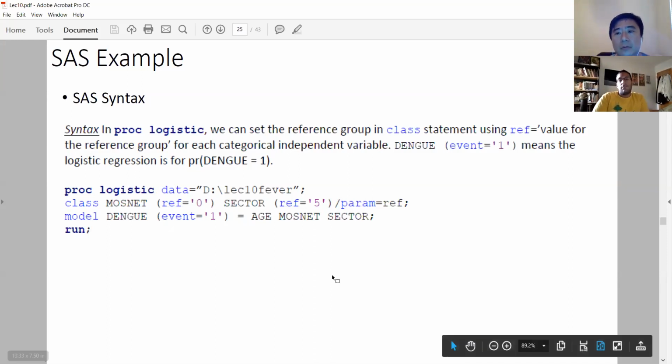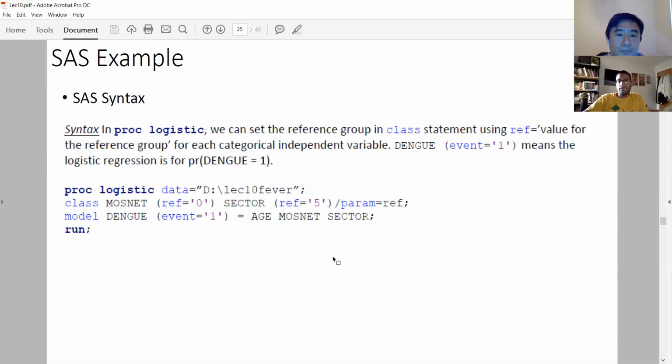I have a question regarding that. In the class statement, I specified sex, with my reference as 1. Would that be okay? Sex is 1 and 2, right? I think 1 is for males and 2 for females. If you said 1 as the reference, the male would be the reference.